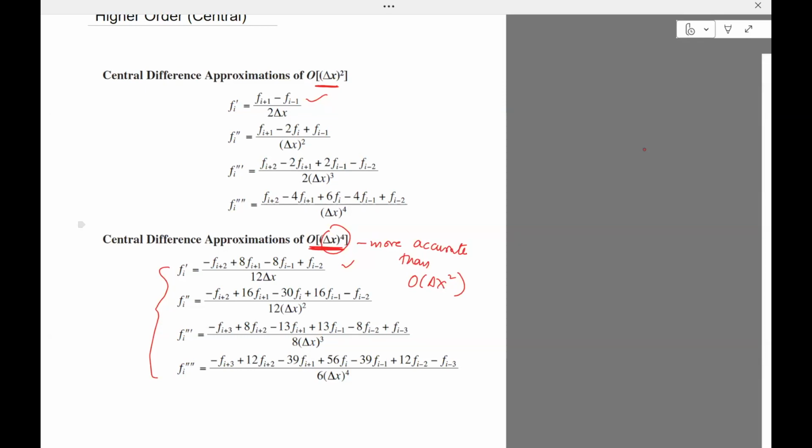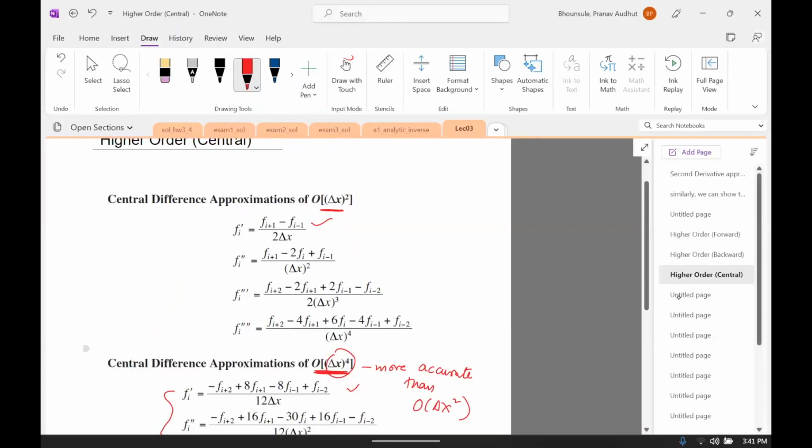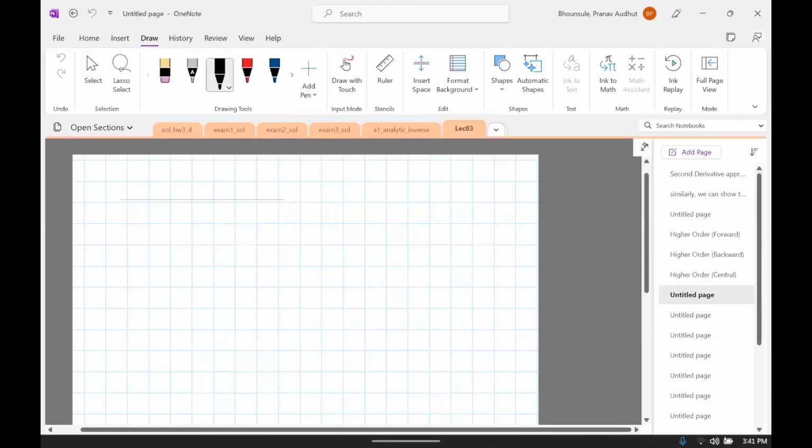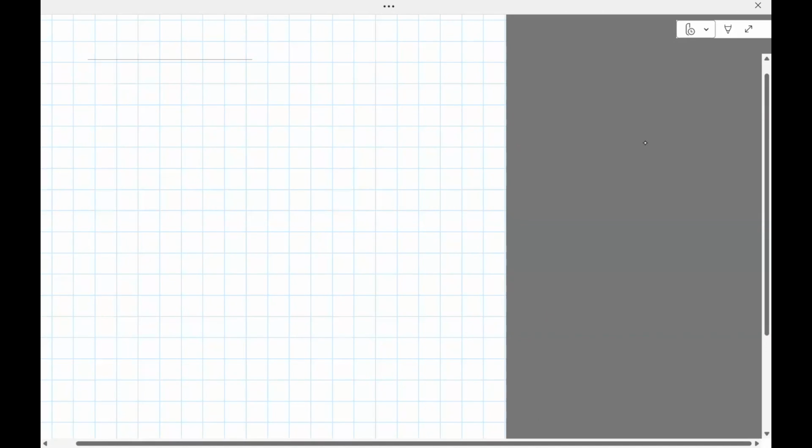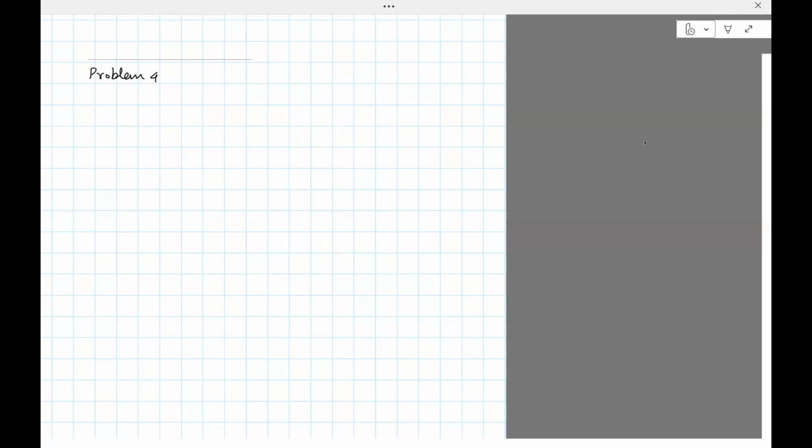Okay, so with that, we can now try to apply this on some problems. So here is a problem related to what we just did. So continuing from previously, this will be problem 4.